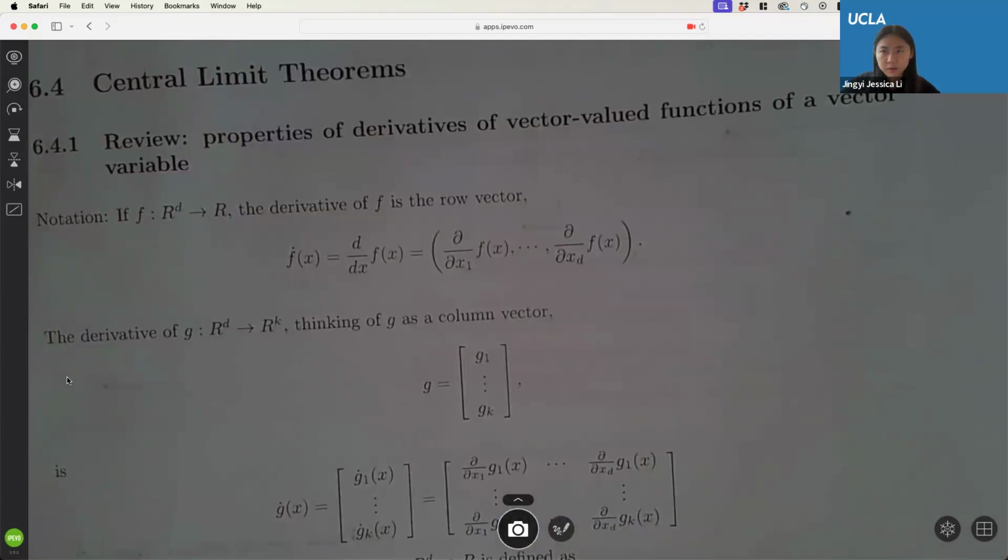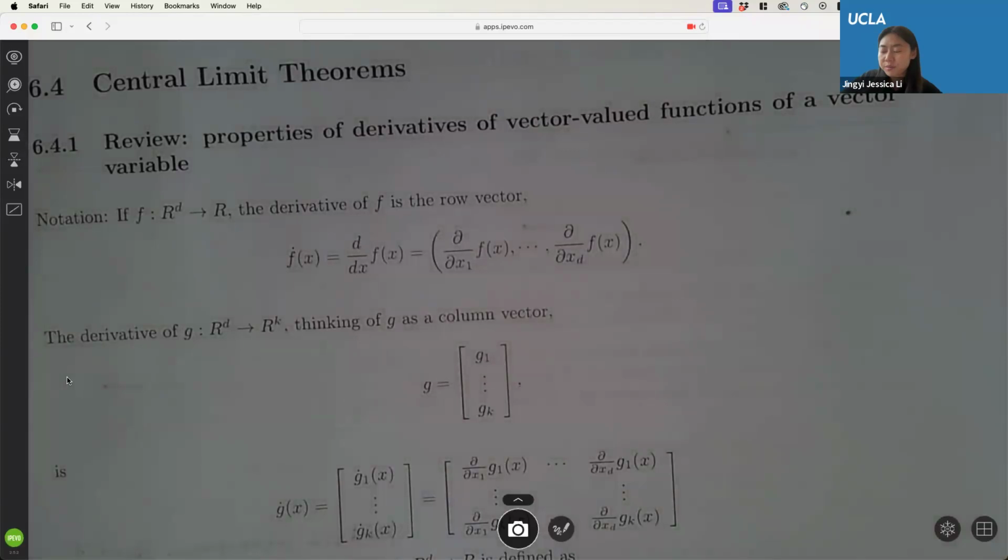We talked about different modes of consistency, in particular, strong consistency based on almost sure convergence, and weak consistency based on convergence in probability. We talked about small o_P and big O_P, which generalize small o and big O in the sense of convergence in probability. We also talked about the law of large numbers.